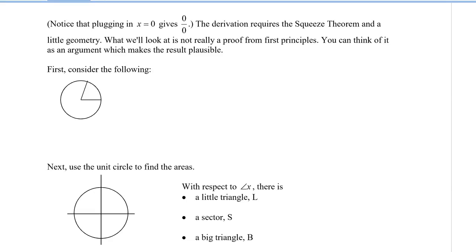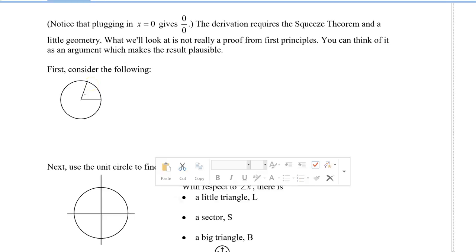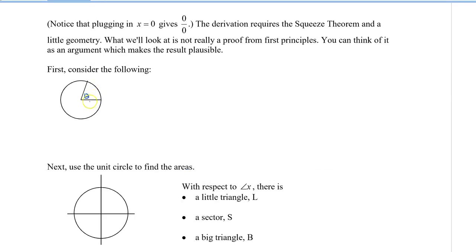Let's say that we have this circle, and we have theta as the angle here, and r is the radius. We have this sector area here, which I'm going to shade in.